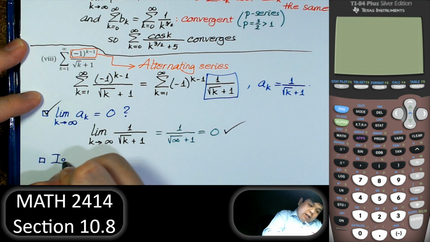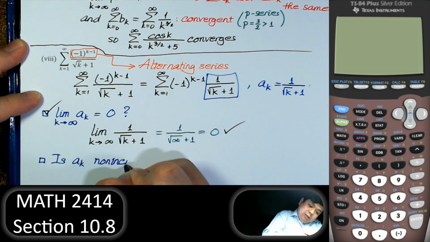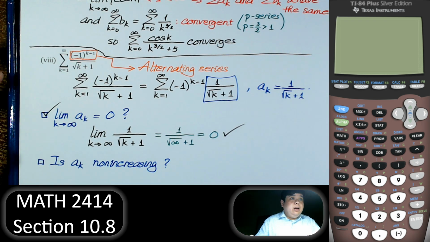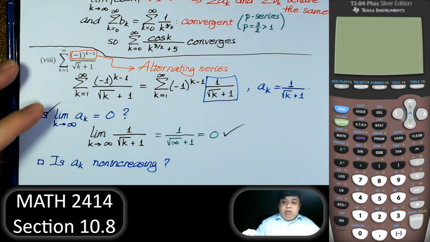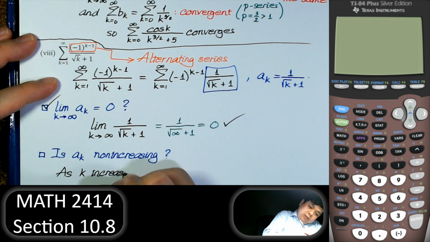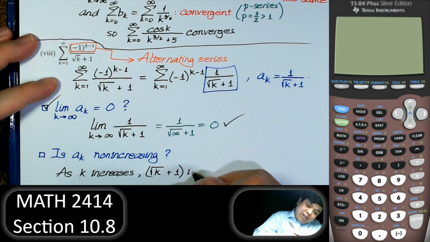Second is h of k non-increasing. And the answer is yes, because the bottom getting bigger, the quotient getting smaller. We don't even need to take derivative. So we say as k increases, square root of k increases, square root of k plus 1 is increasing.